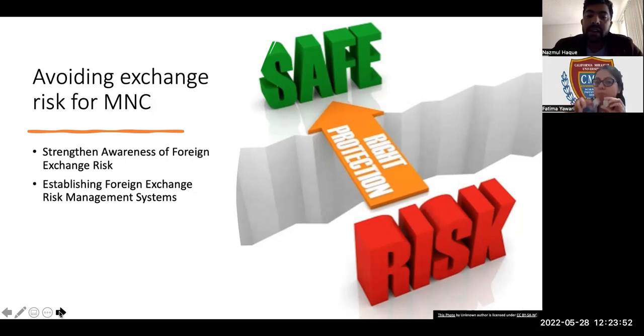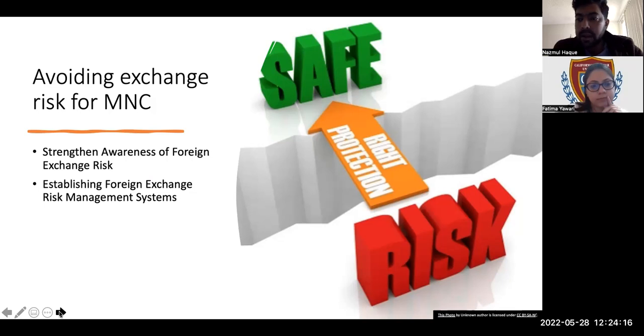And whether a foreign exchange risk management platform is effective can be judged based on whether the company is able to greatly improve the effectiveness of foreign exchange risk management with the help of the platform. So those are the measures that can be taken to take advantage as a multinational company.